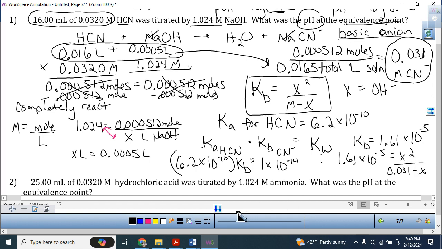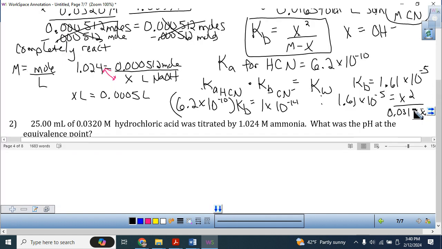Now in this case, I don't know x, so I can ignore x in the denominator and solve for x. And when I solve for x, this is a very long problem, I get 7.07 times 10 to the negative 4.